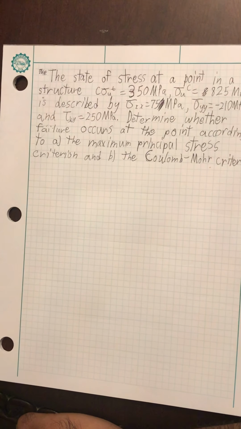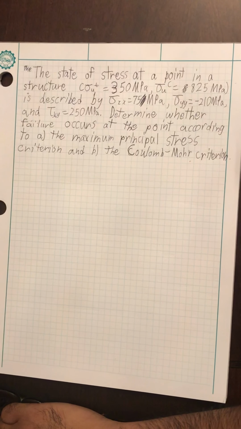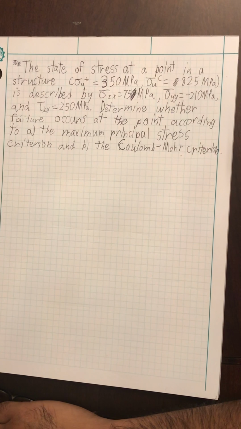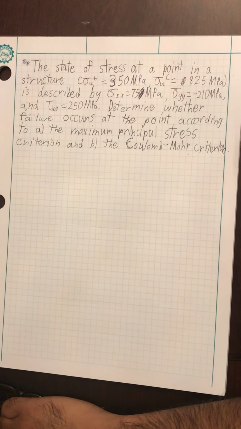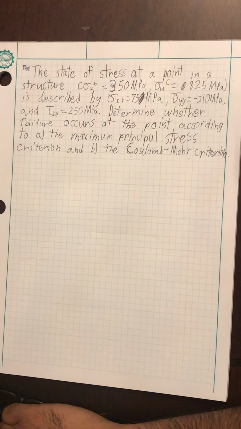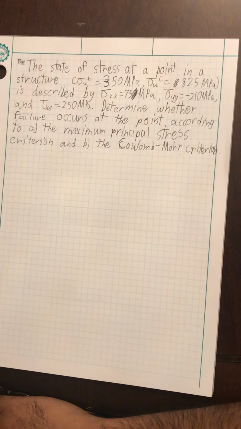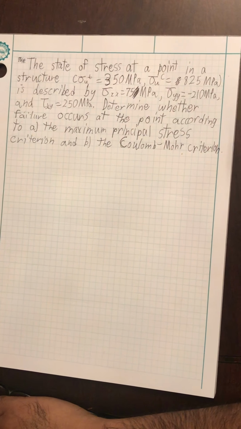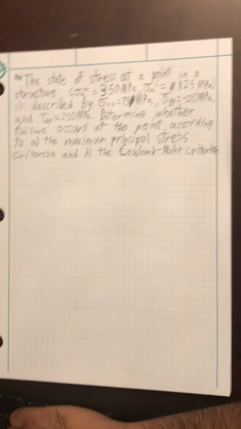That's the compression, and those are essentially like boundaries. They're described by sigma XX equals 75 megapascals, sigma YY equals negative 210 megapascals, and tau XY equals 250 megapascals. Determine whether failure occurs at the point according to A, the maximum principal stress criterion, and B, the Coulomb-Mohr criterion.